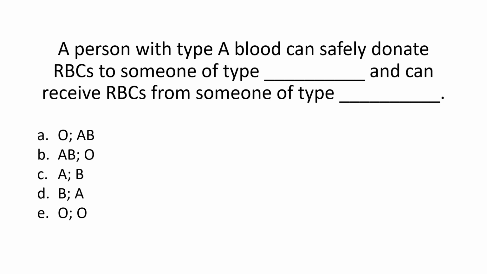Someone who either has, not B, A or O. So they can donate to someone who has A or AB, but they can only receive blood from someone who has O blood or A. So A or O. So our choices are B, D, and E. But we know that they can't give blood to someone who has O, so E's out.